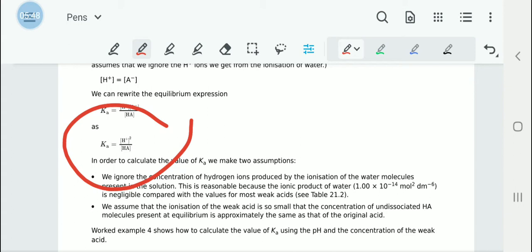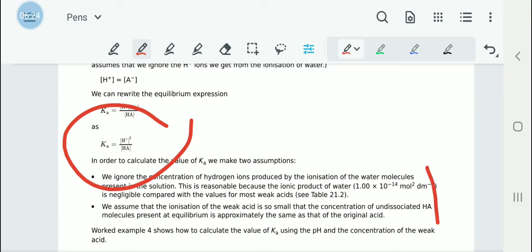Leave a line and write: two assumptions are made when reaching this. Number one, we ignore the concentration of H+ from water because its ionic product is very small compared to weak acids.